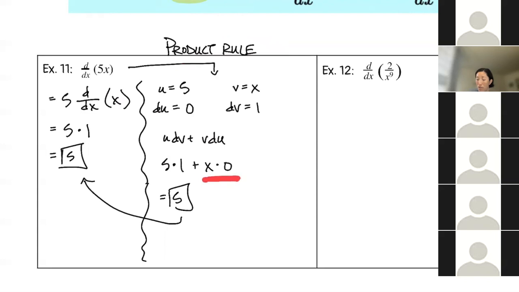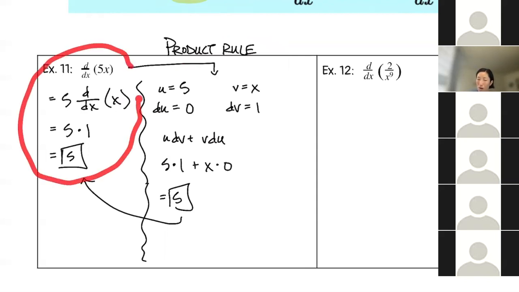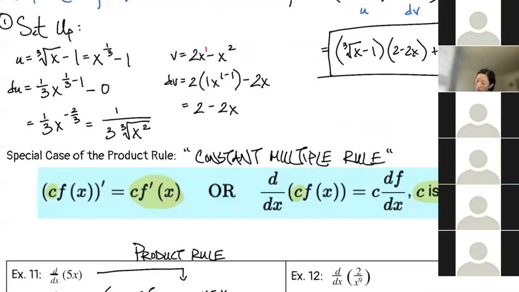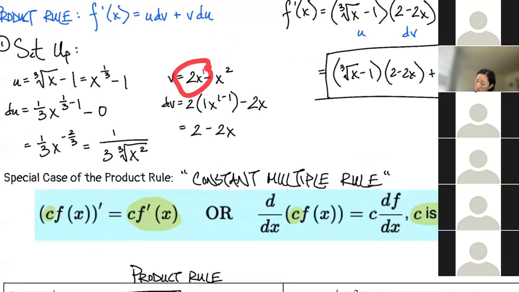Anything times 0 is going to go away to 0. Because that's always going to happen with a constant, we have a special rule called the constant multiple rule, because it happens so often. And that's why if we go back up here, the derivative of 2x was 2, not 0.